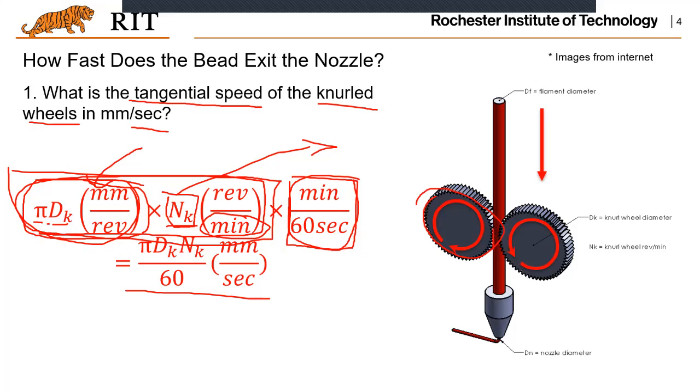Now you know basically the speed at which the filament is fed into the nozzle. Then the question will be, what is the speed of the material exiting from this nozzle?